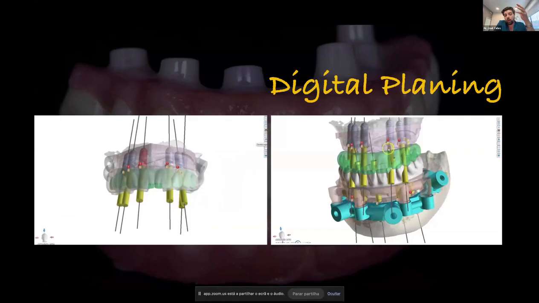Not only that, but I also planned on doing the upper jaw flapless surgery because I didn't need to augment anything. And I was planning for 6 implants with a slight palatal approach. And in the lower jaw, I needed to cut a little bit of bone to create a better platform and to position five implants. So, stackable guides.